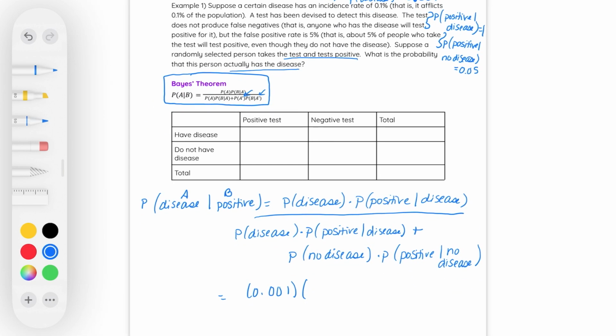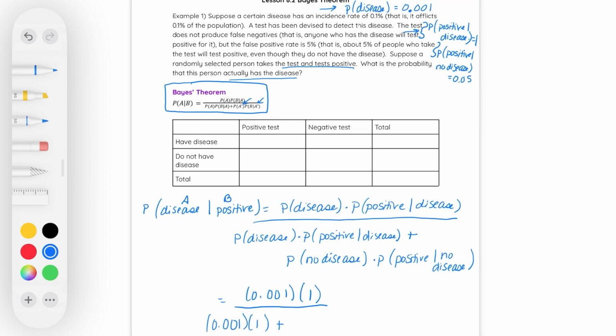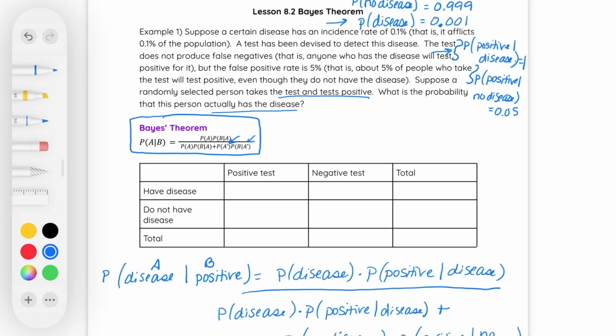The probability of testing positive, given that we have the disease, was 1 because the test does not produce false negatives. All over the same, 0.001 times 1 plus the not portion. So the probability of not having the disease, we talked about that up here.